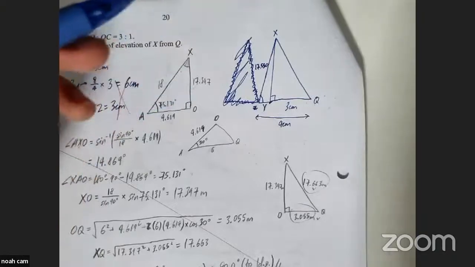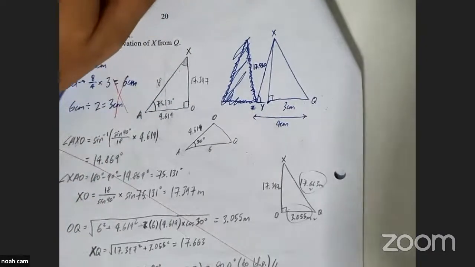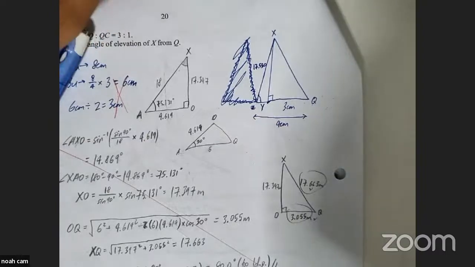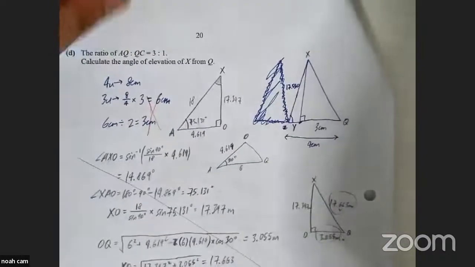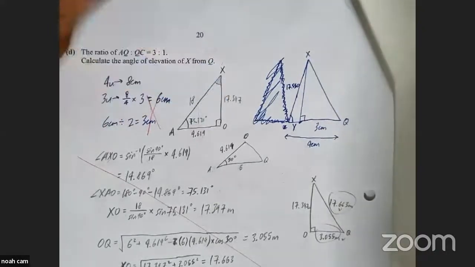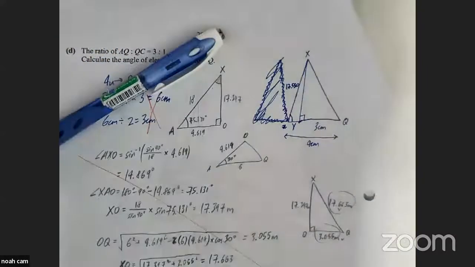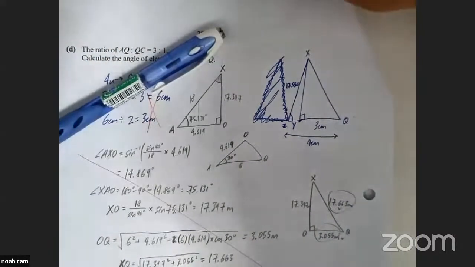They form two triangles, but they use Pythagoras instead of sine rule. They found XO and OQ. So they made another triangle, two other triangles. Same thing, right?